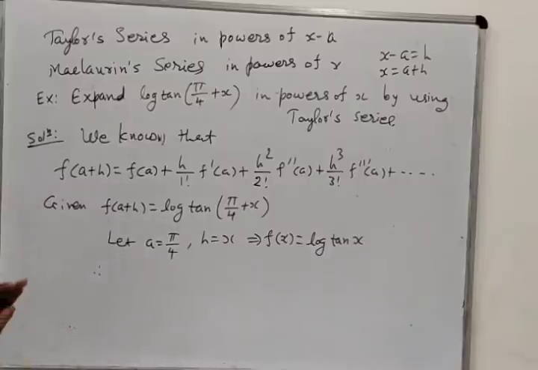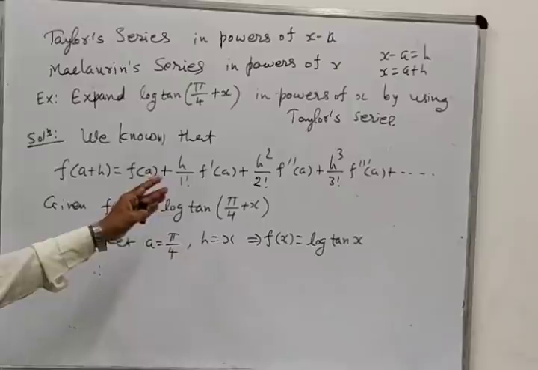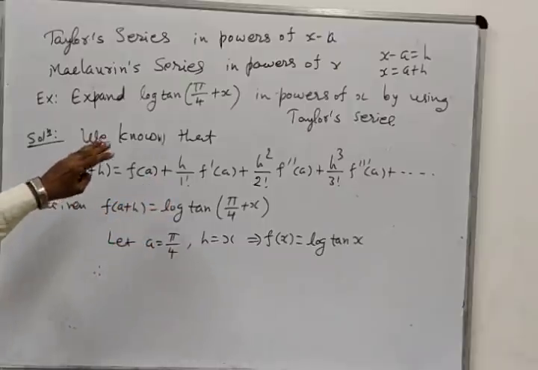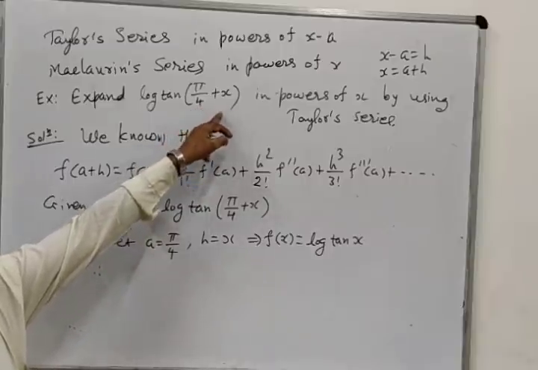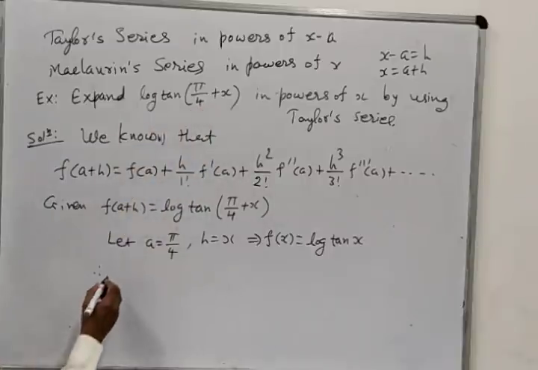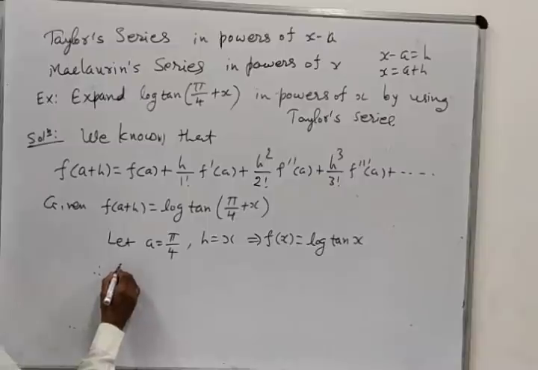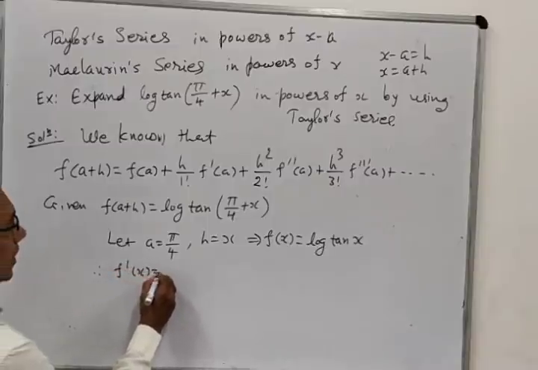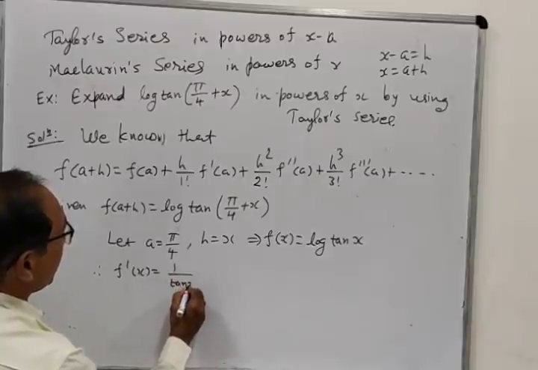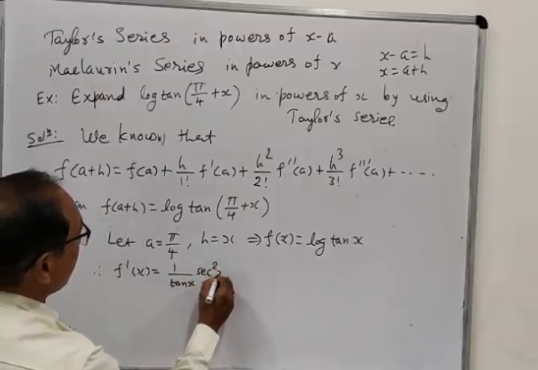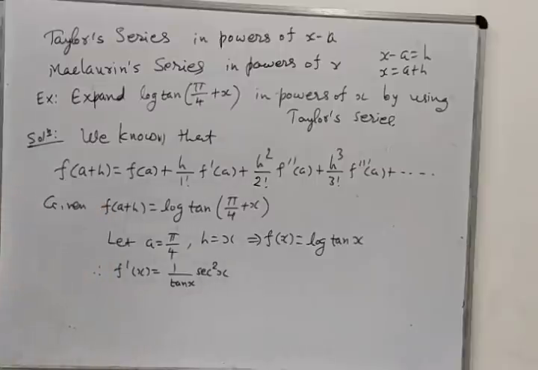So it is very simple. Every problem is very simple. You can start by writing the appropriate formula. Here we can identify the formula very easily, because the function is given in the form of a plus h. So we will find the derivative of this function, f dash x. Log has the derivative 1 upon tan x, and tan x has the derivative sec squared x.